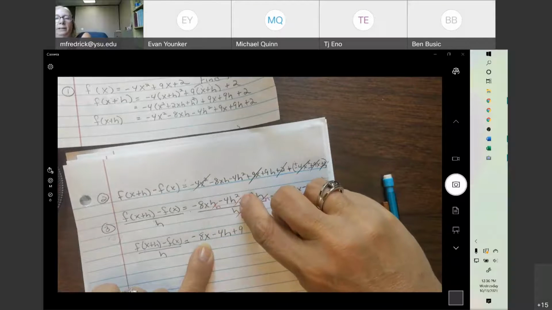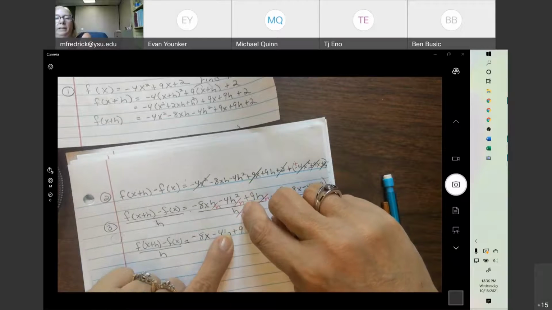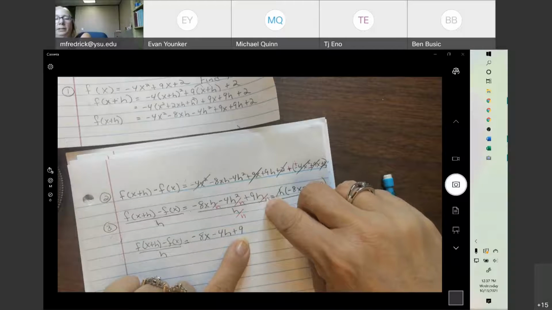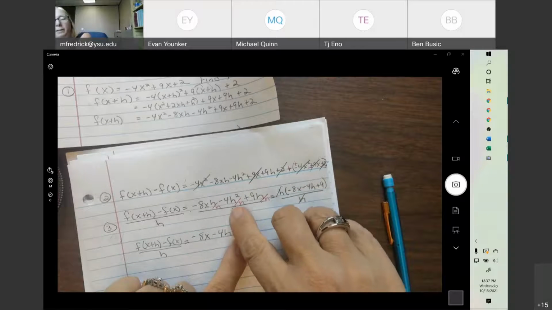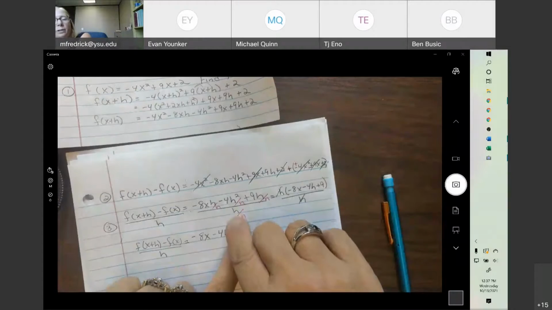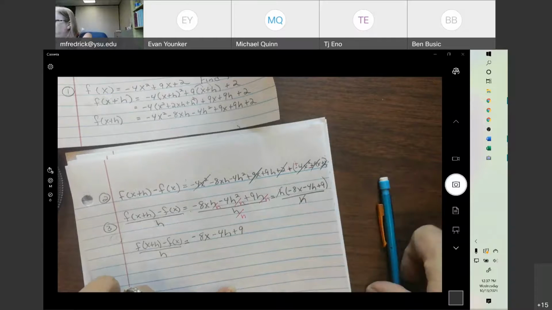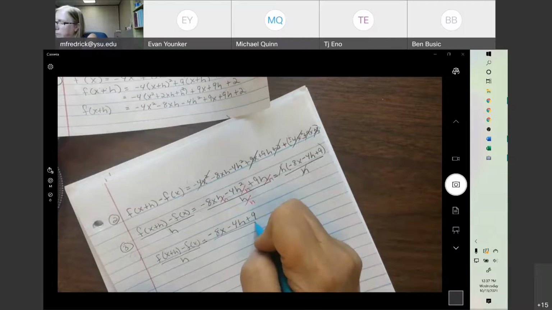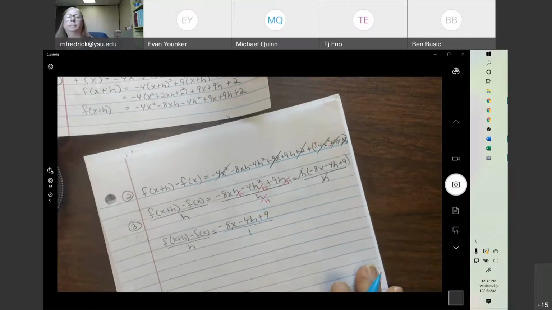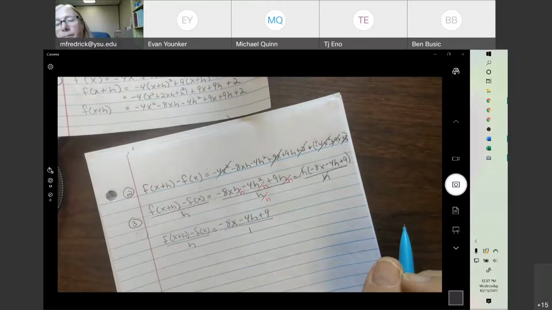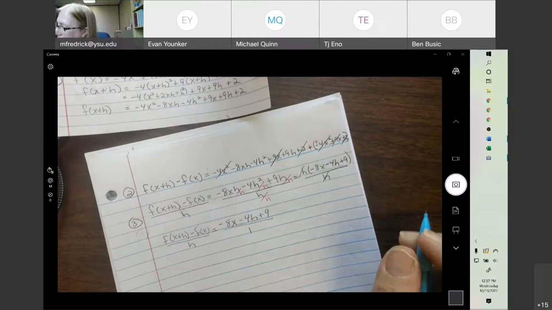This one cancels with the bottom and leaves the negative 4h. And the last one, these h's cancel and leave 9. And then h divided by h is a 1 in the denominator, which you don't have to show. But if you want, you can put it there, so you know where this went. Any questions on that?